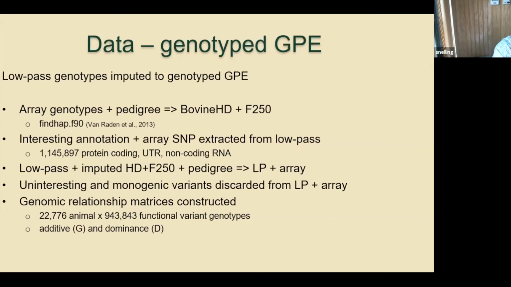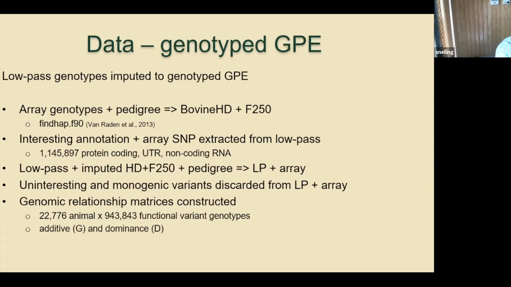And we put those two, the low pass and the imputed array genotypes, together in another round of imputation to impute the low pass genotypes to the full set of animals, and then removed the uninteresting chip genotypes from that set.